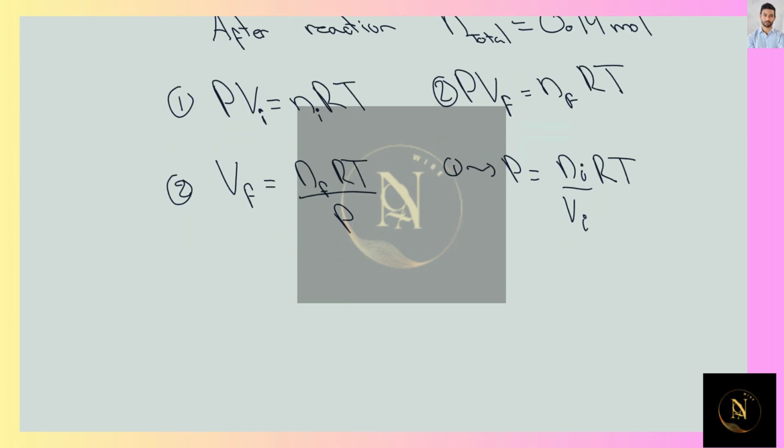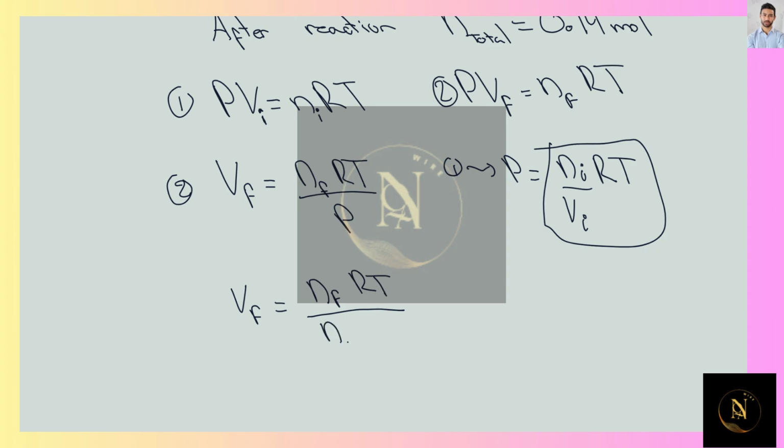Okay, so we can go ahead and replace the value for P in our second equation. n final RT divided by P, which is this thing over here. So n initial RT, the initial volume that was dividing passes multiplying. And let's cancel everything that we can cancel. RT cancels.